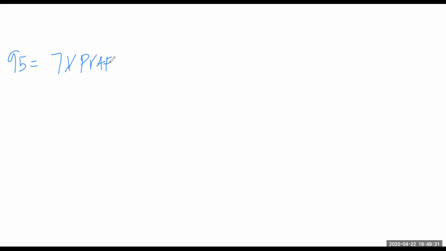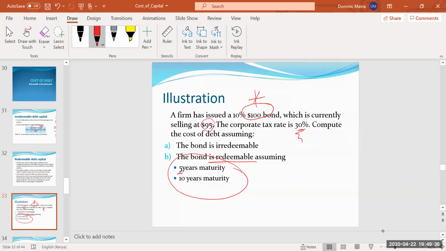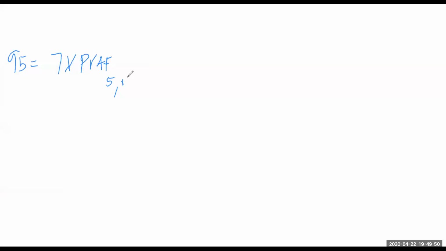Now, the redemption in our first example is occurring in year 5. So the first case is 5 years. The interest we'll be getting will be from year 0 to year 5. Therefore, it is 5 years, R%.